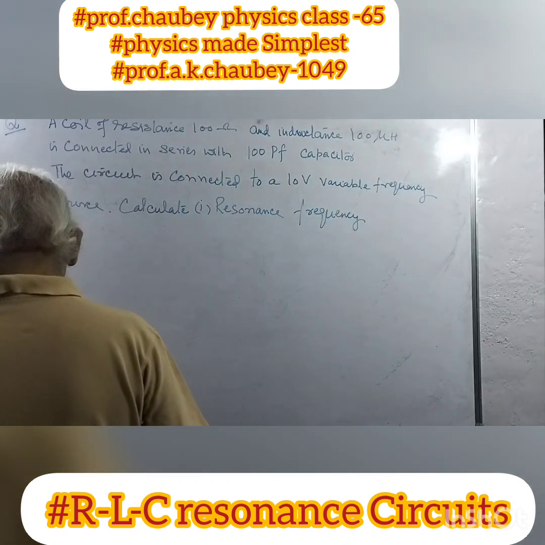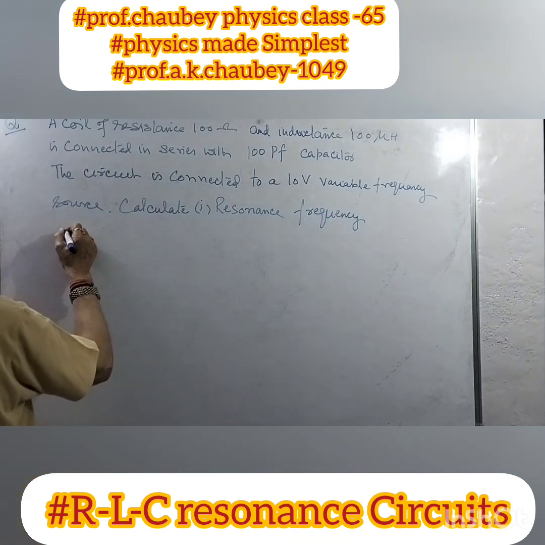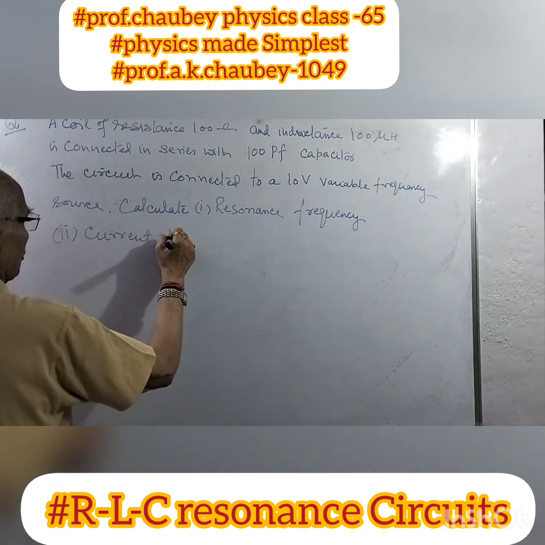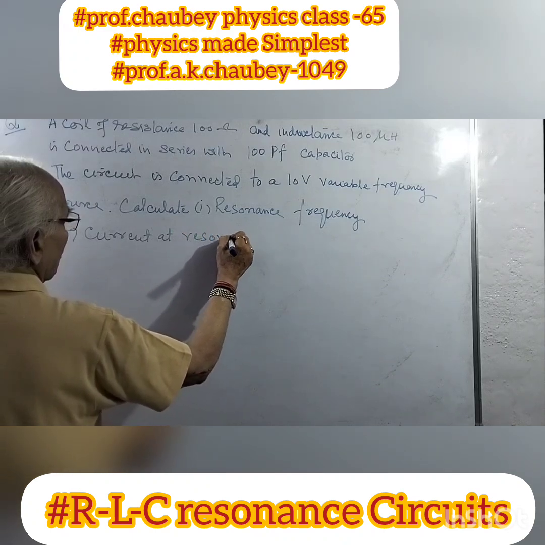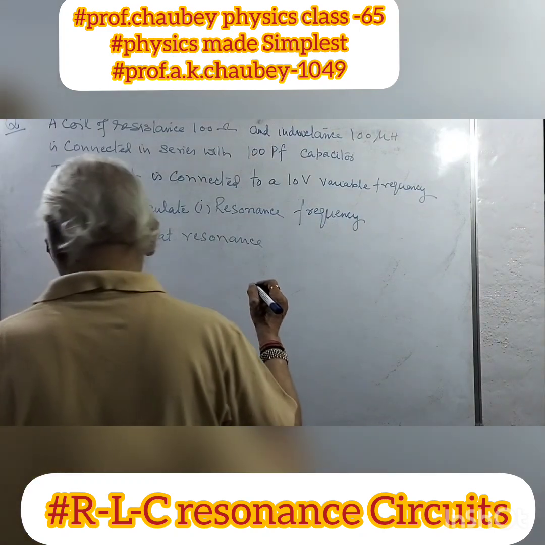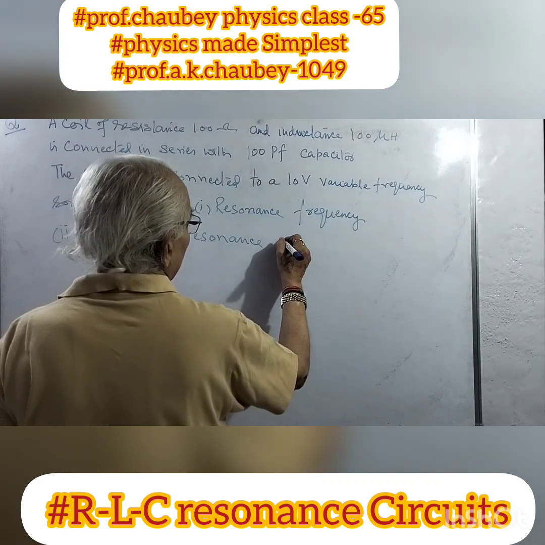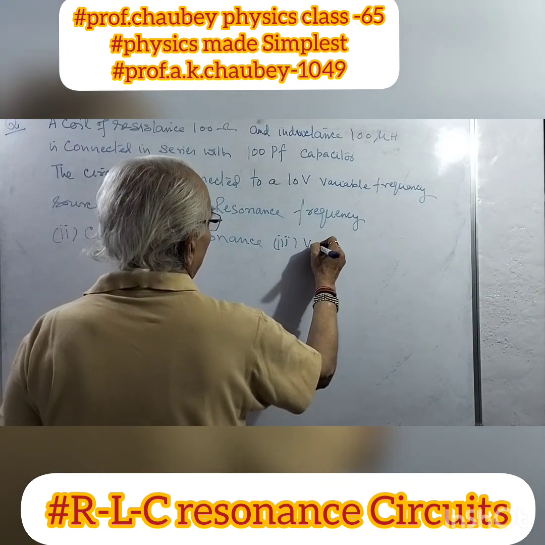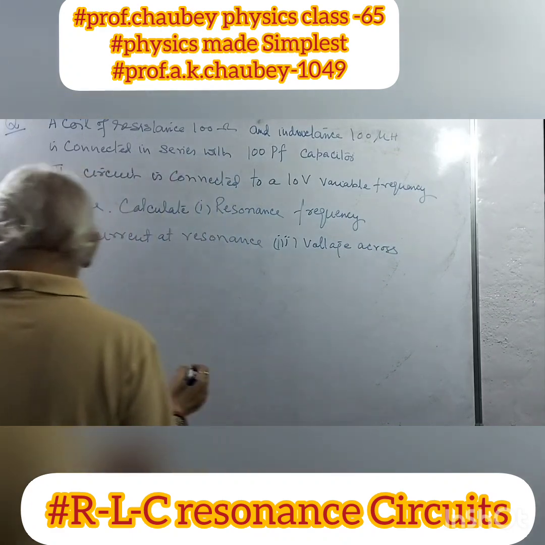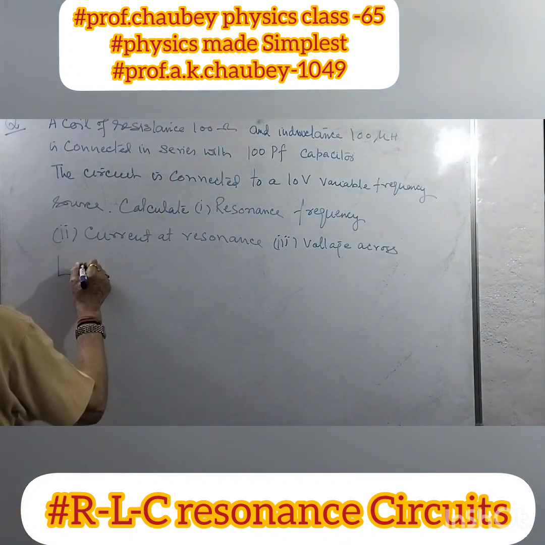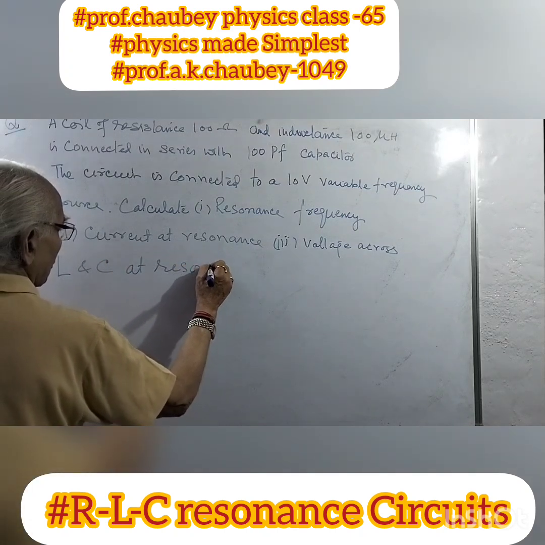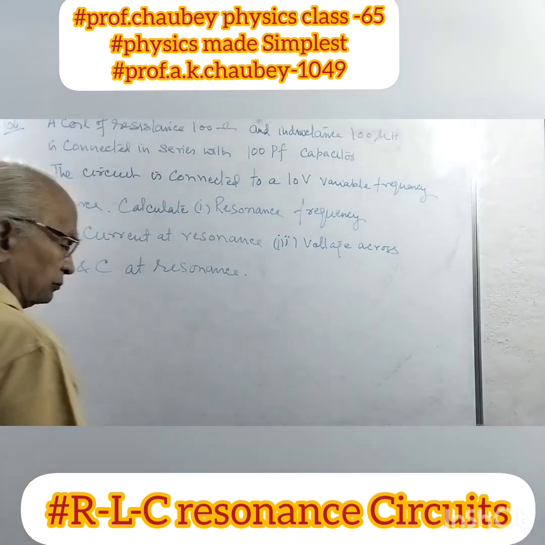Number 2, current at resonance. Number 3, voltage across L and C at resonance. So this is the problem.